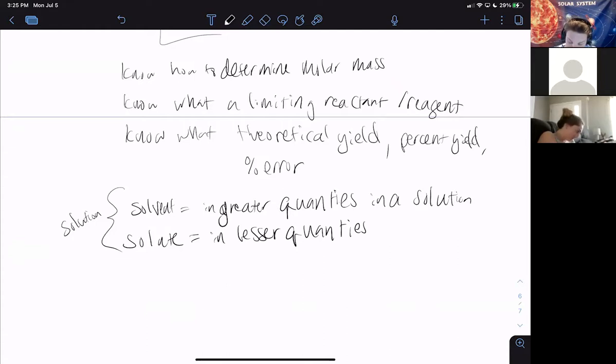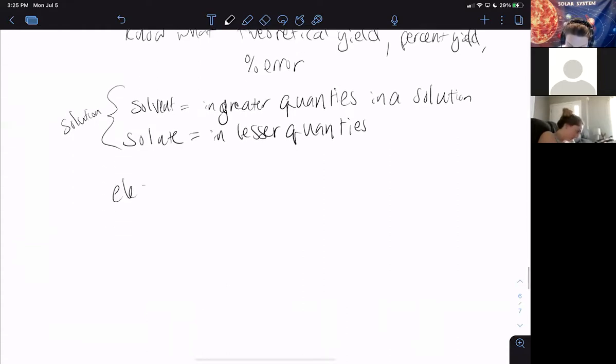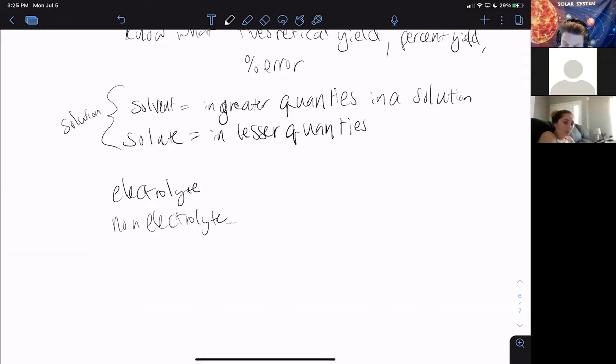You should know what an electrolyte is, what a non-electrolyte is, and within electrolytes, you should know weak versus strong. So weak electrolytes are going to be weak acids and weak bases.